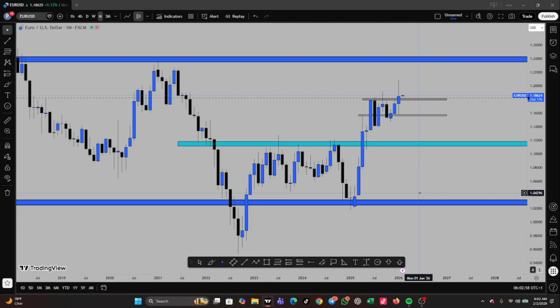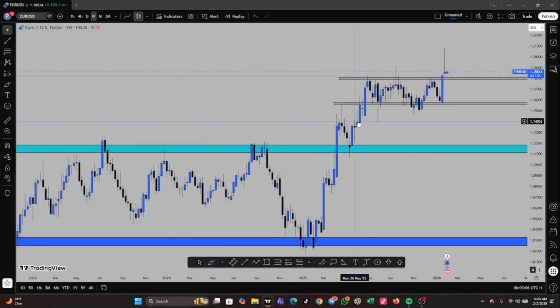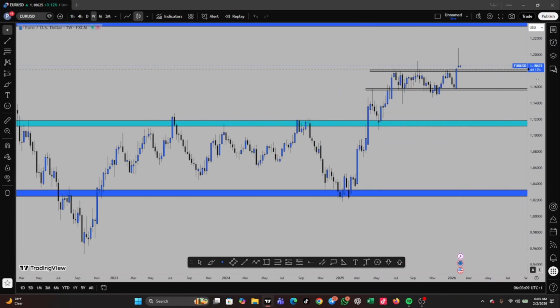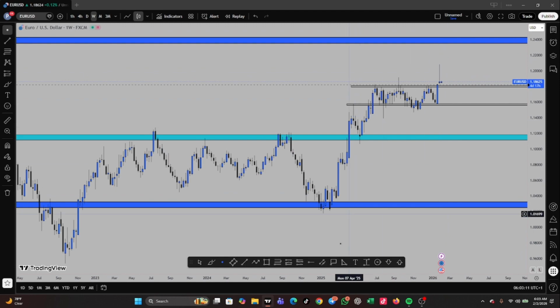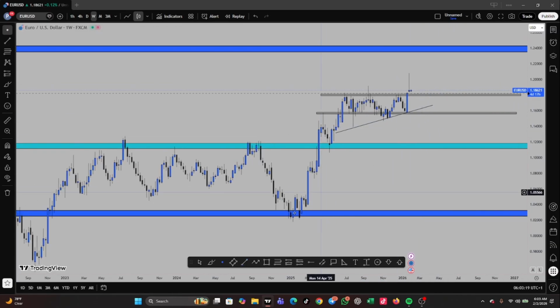So let's see that on the weekly chart. Okay, so on this weekly chart, yes, I was also seeing some kind of head and shoulder, but not a perfect head and shoulder, because sometimes we don't expect the market to show you a perfect picture of what you want to see.